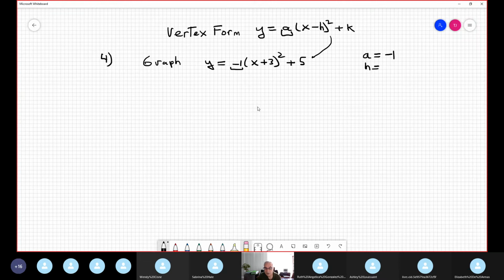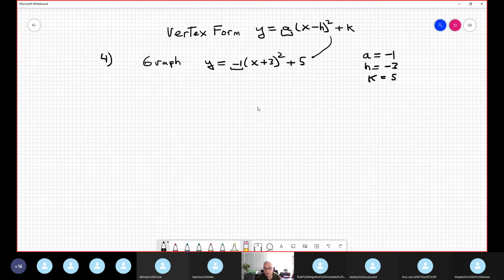H, be careful with the h, it is the completely opposite sign, it is -3. Why is it -3? Because in the original equation I see positive. However, in the general equation in vertex form I see negative. The reason it can become positive is because h is negative, and when you plug in negative, we have a double negative, and a double negative becomes positive. And k, no. k is 5, directly the same answer.